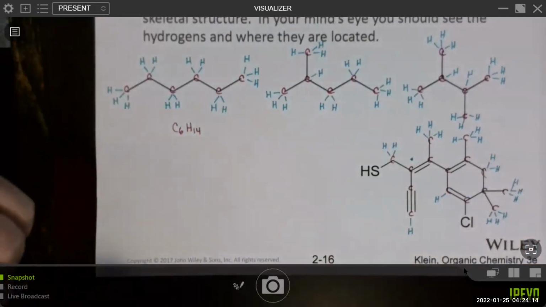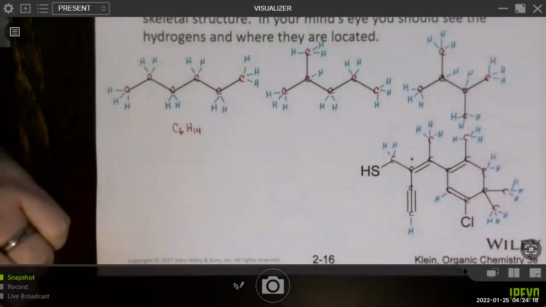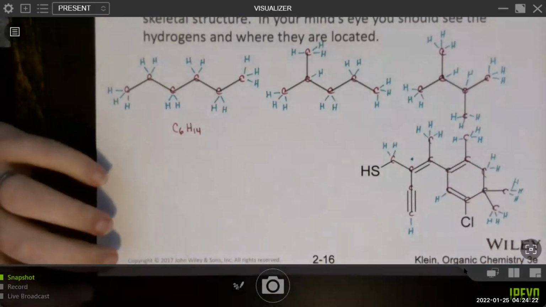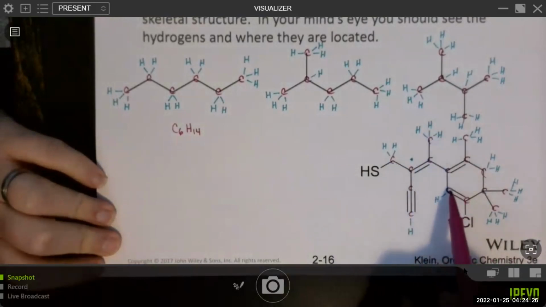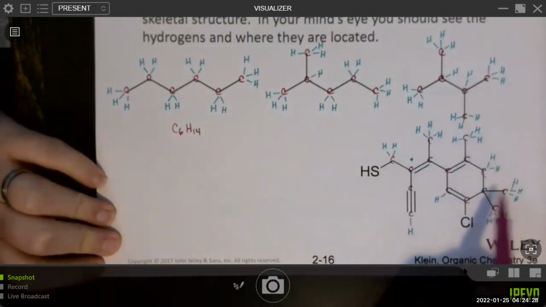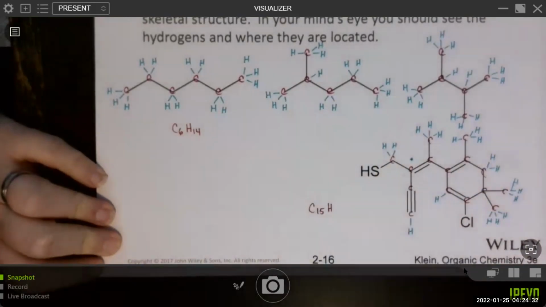You can see how much work it would be. Go ahead and draw this out as a Lewis structure. Let's go ahead and do the molecular formula. How many carbons? 1, 2, 3, 4, 5, 6, 7, 8, 9, 10, 11, 12, 13, 14, 15. How many hydrogens?